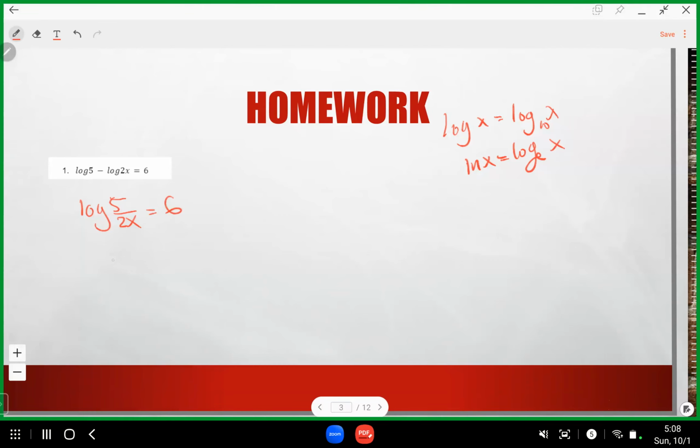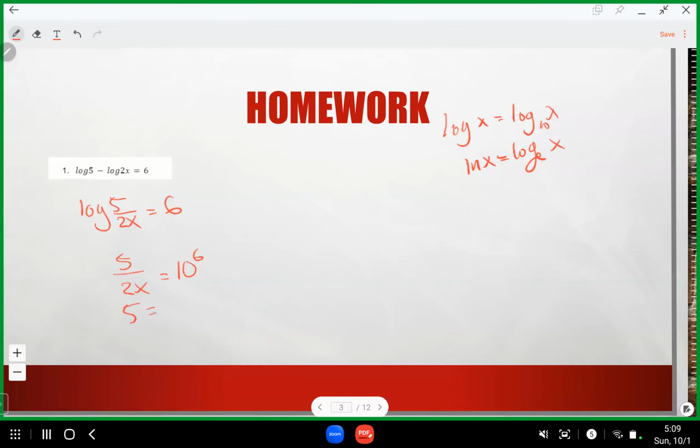So we know that 5 over 2x is equal to 10 to the 6th power. And so we know then 5 is equal to 2 million x, I think. Dang, that's a lot. Yeah. And then x is equal to 0.5 zeros followed by 25.